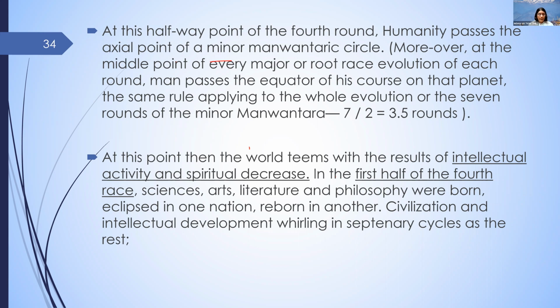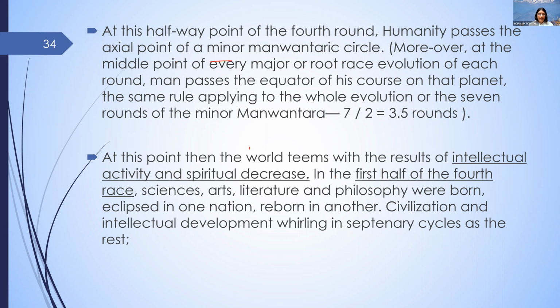Moreover, at the middle point of every major or root race evolution of each round, man passes the equator of his course on that planet. So these equatorial points we have already seen in the diagram, where the intellect or the mind overcomes spirituality. That is the equatorial point on the descending arc, because mind is overcoming spirituality. And in the ascending arc, spirituality will outstrip the mind.